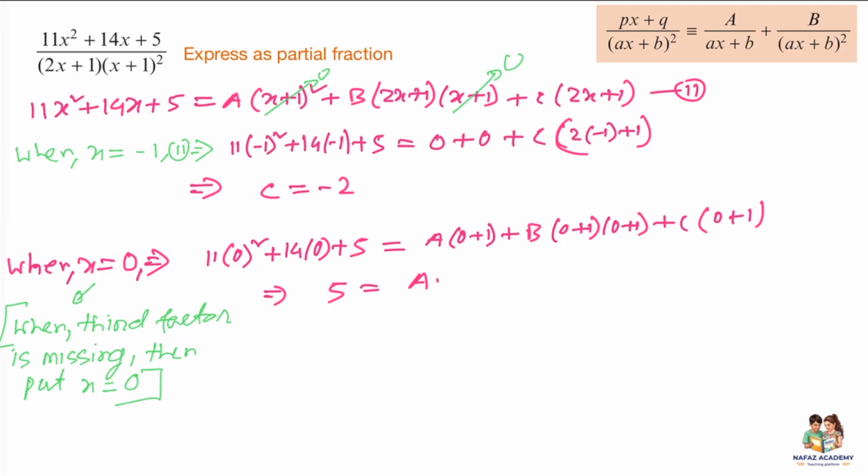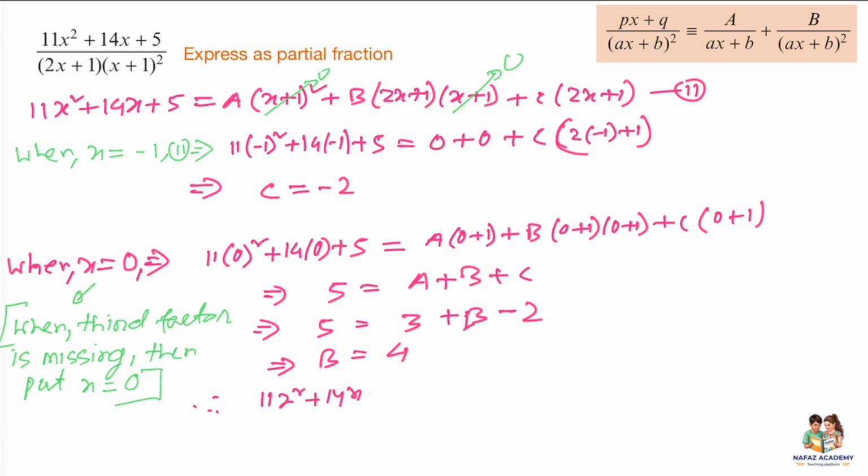The left side must be 5, and A, B times 1, that is B, and C, another C. Put the value of C. What is the value of C? A value is 3, and C value is -2. We have to find the B value. What is B? 3 minus 2, that is 1, 5 minus 1, that is 4. Yes, 4. The B value is 4.